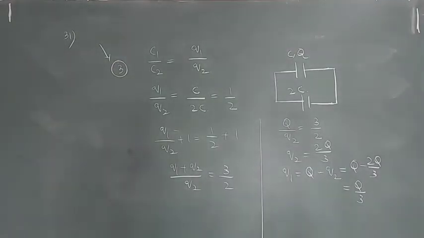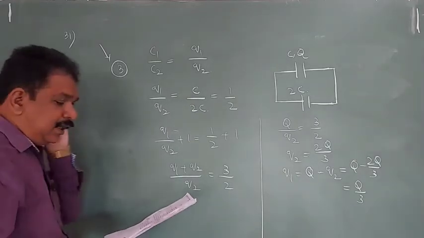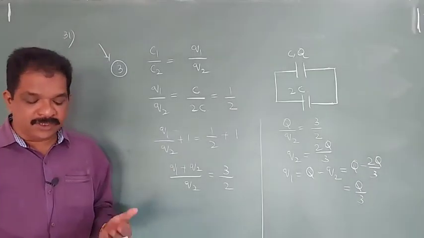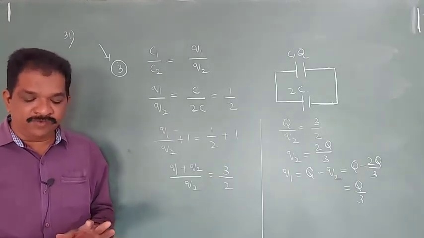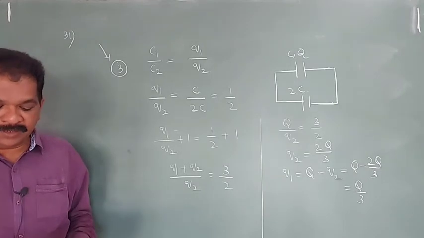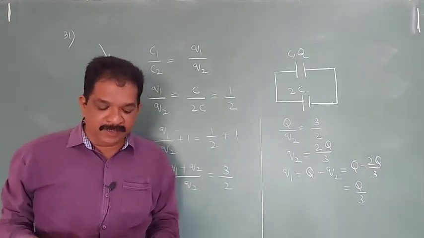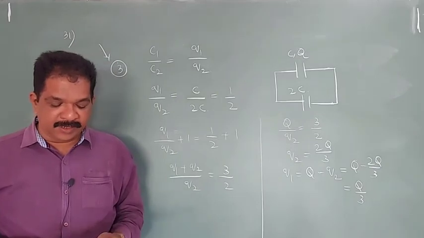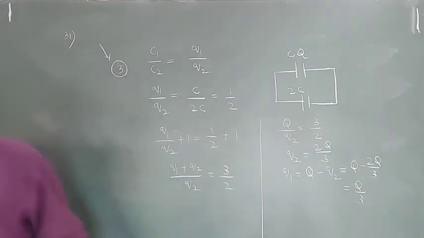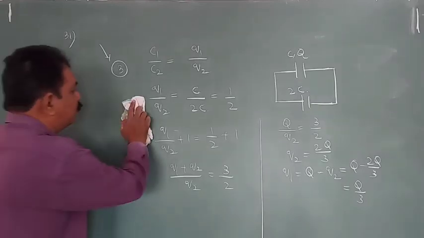Next, 32. A particle of mass m, charge Q, is placed at rest in a uniform electric field capital E and then released. The kinetic energy attained by the particle after moving a distance y is how much?